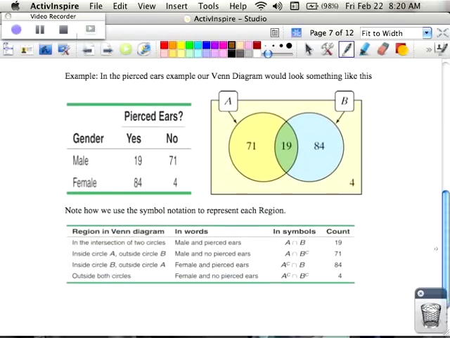Down below we have a picture here representing the information we talked about a little bit earlier with pierced ears. So in A, I believe that they're talking about all of the males. And in B, they're talking about, I believe, all the piercings that occurred. And in the stuff down below here, they are talking about all the different things that you could maybe be asked in a question.